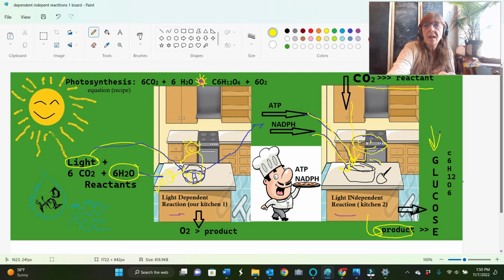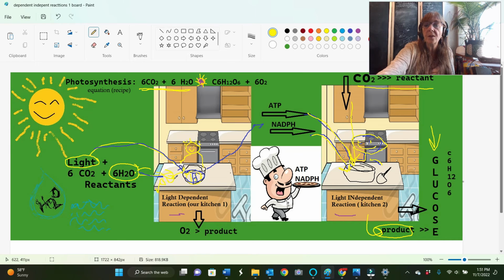Now let's just look at this one last time so that we can understand what exactly we're doing. Here are the reactants right here in the front. We need 6 CO2s, like 6 eggs, but 6 CO2s. That's the reactant. It comes into the light-independent kitchen. The 6 H2Os come in from outside to the light-dependent kitchen.